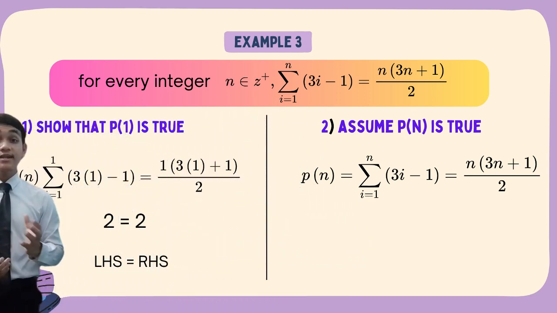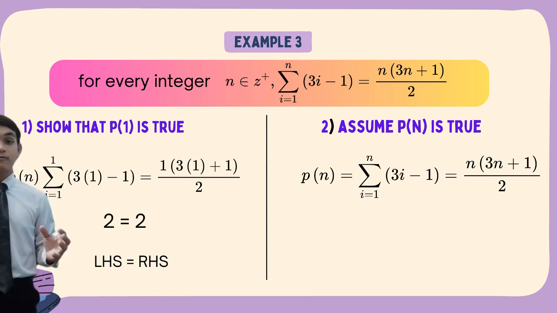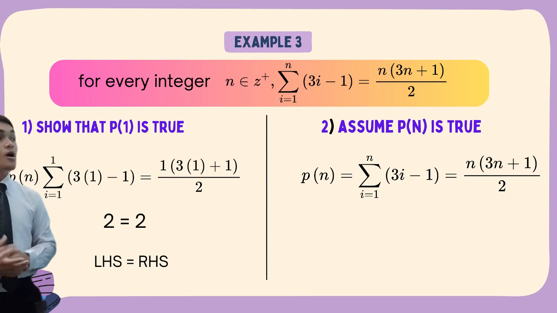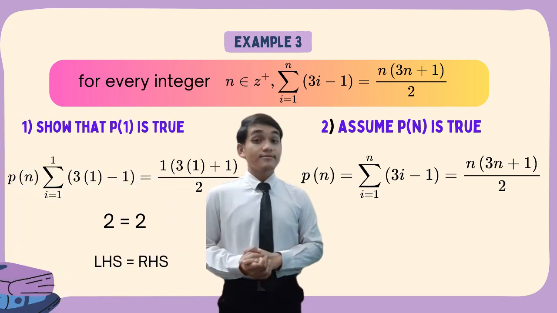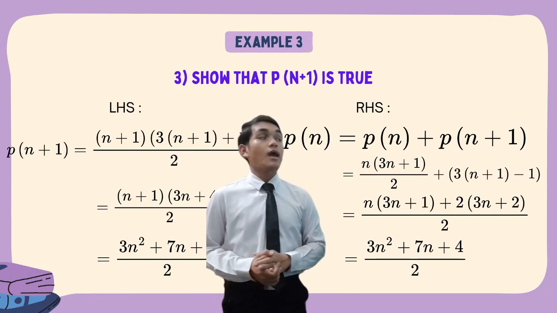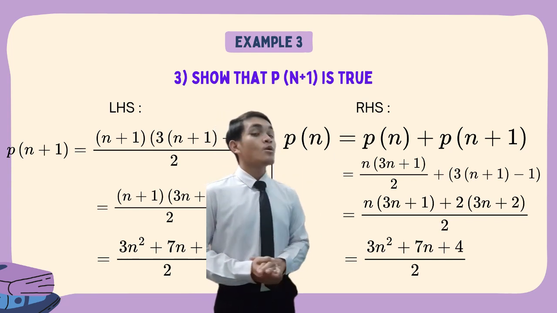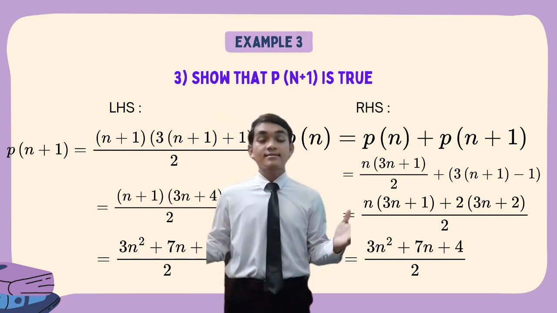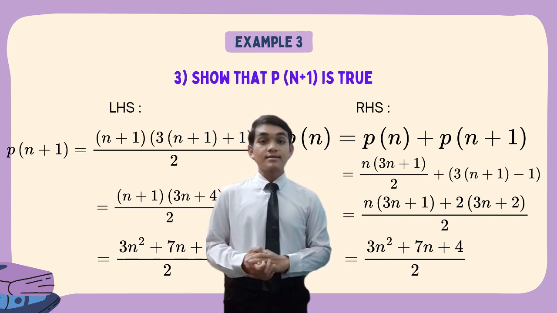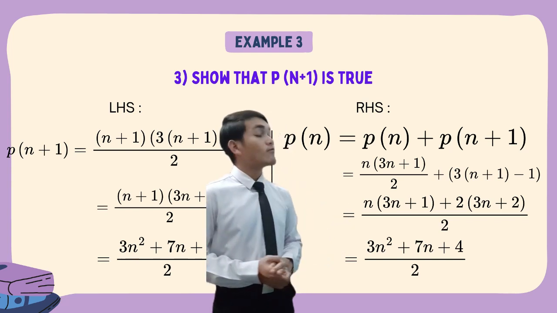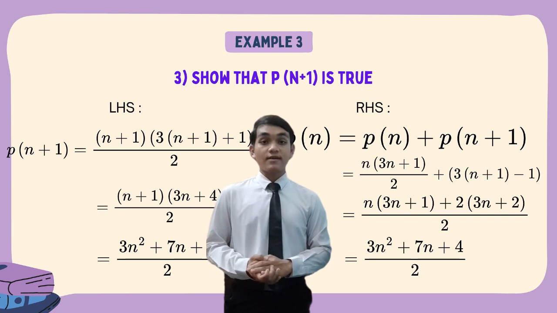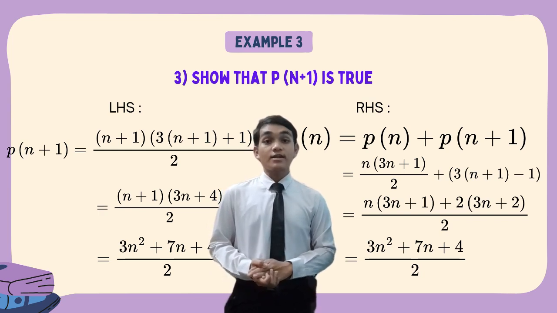So, substitute n equal to 1, and for the left hand side and the right hand side we will get the same, which is 2 equal to 2. For the second step, we must assume that P(n) is true. And the last step, we must show that P(n+1) is true. So, the left hand side and the right hand side must be the same at the end. And in the last equation, we will get (3n squared plus 7n plus 4) divided by 2.